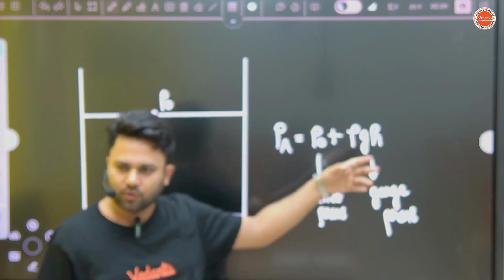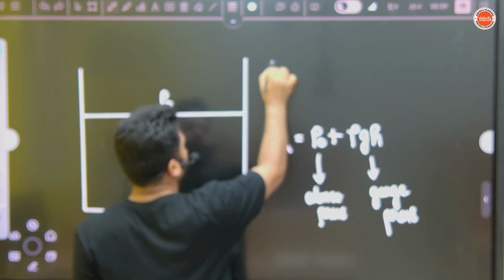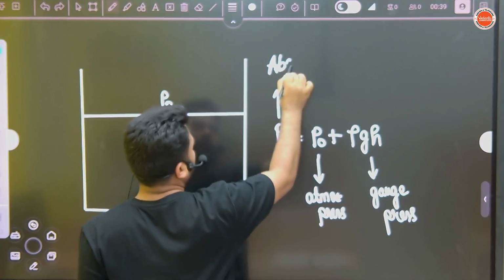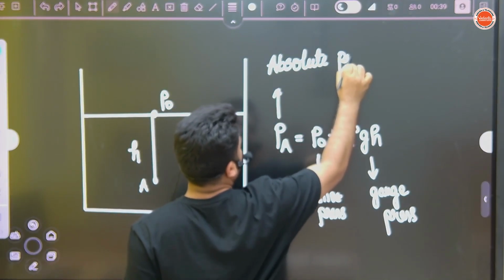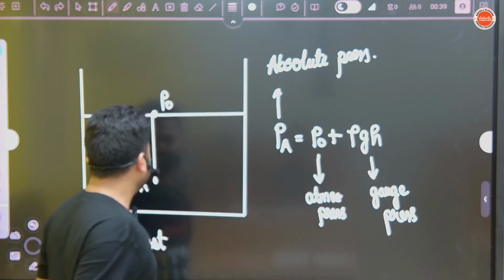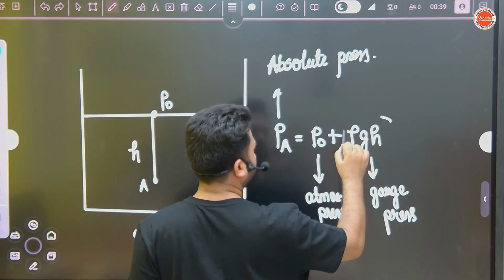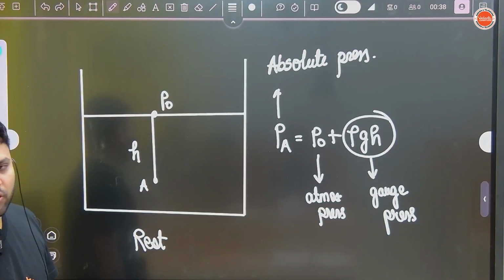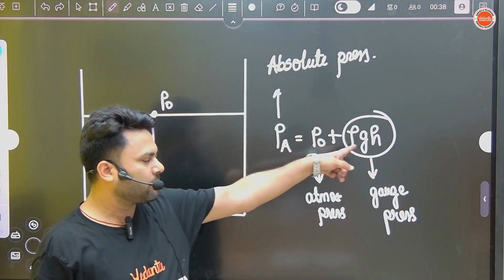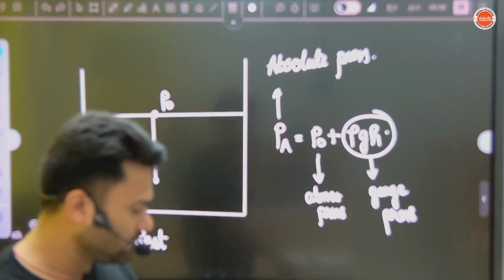P naught plus rho g h. This total pressure we call absolute pressure. Means if someone asks what is the gauge pressure at A, you will write just this term rho g h. If they ask what is the total or absolute pressure, then P naught plus rho g h. Correct.